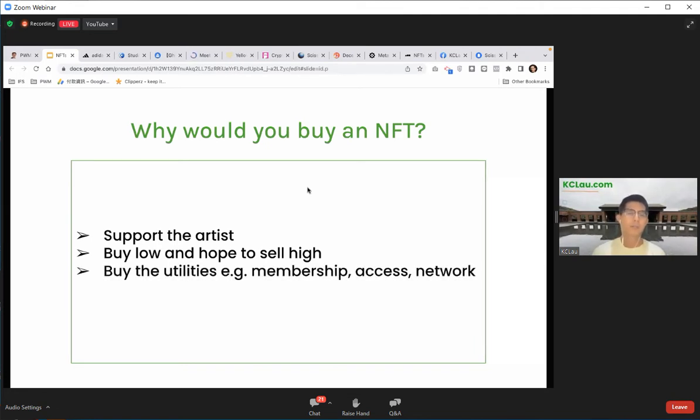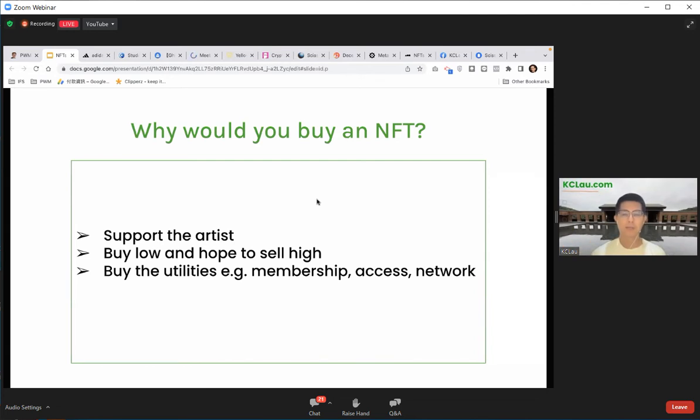The third reason, I think, is also quite valid, is when you buy for the utilities. For example, some of the NFTs give you utilities if you are the owner of the NFT. Like Bored Ape Yacht Club. When you're the owner, sometimes they throw parties.